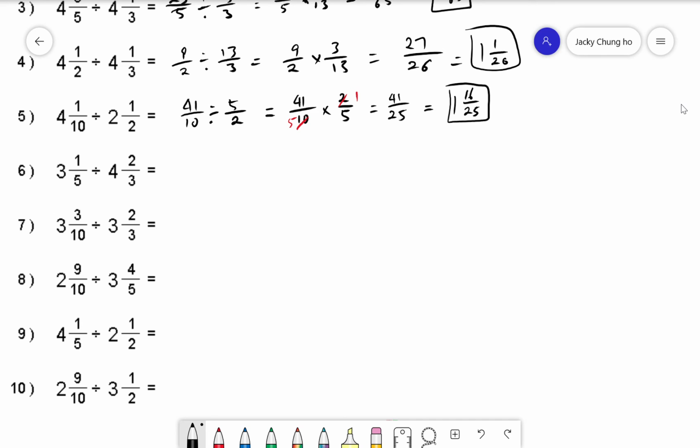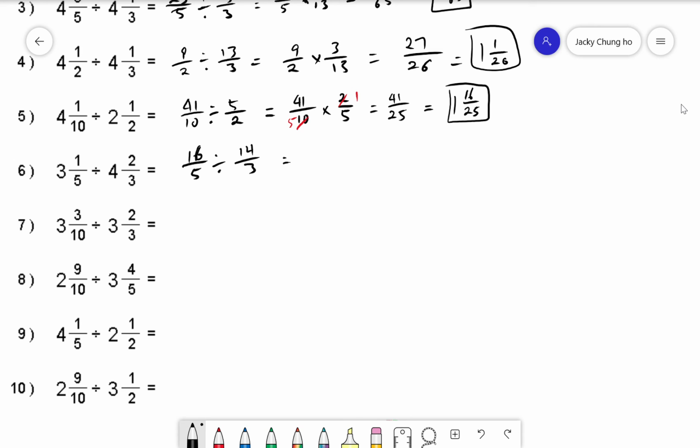Number 6, I have 3 1/5 divided by 4 2/3. So the first fraction will become 16 over 5 divided by the second fraction, which will be 14 over 3.